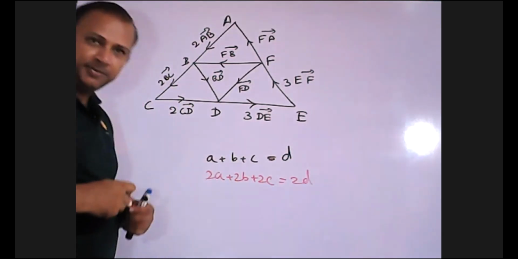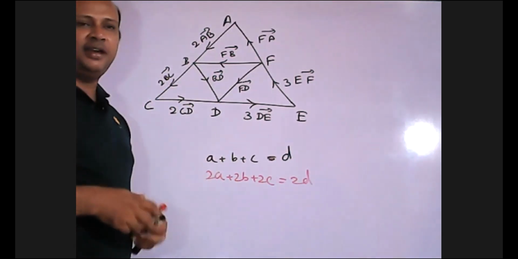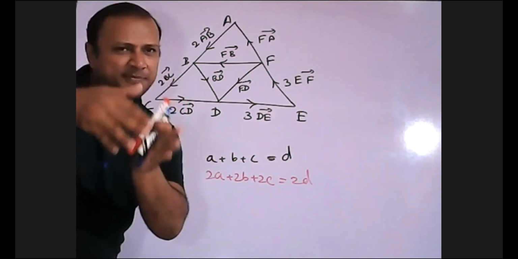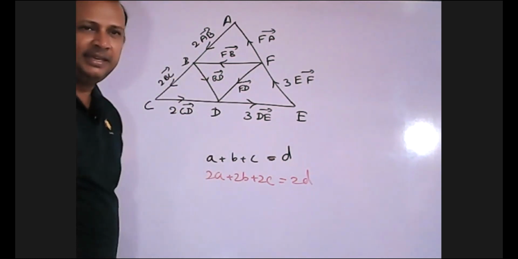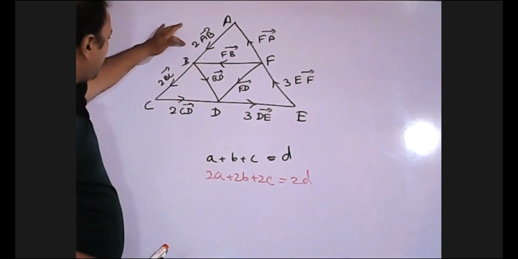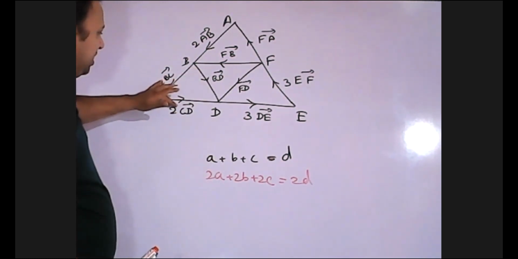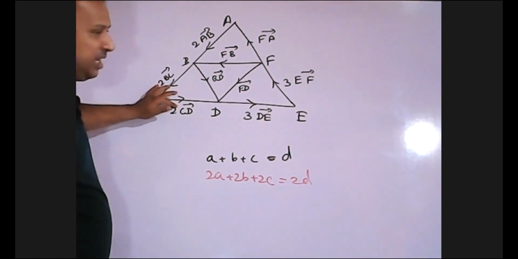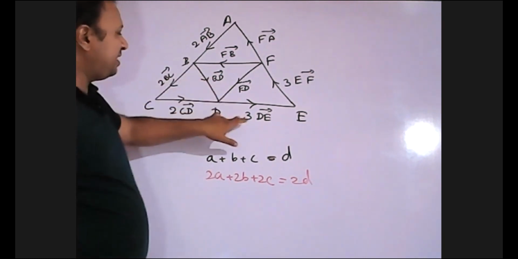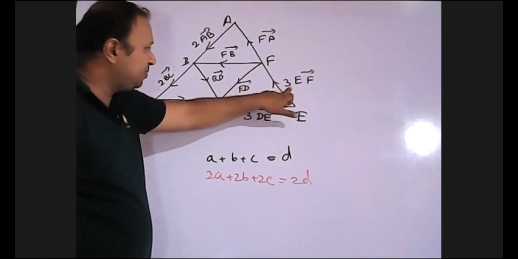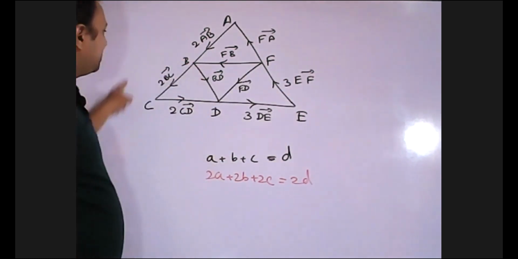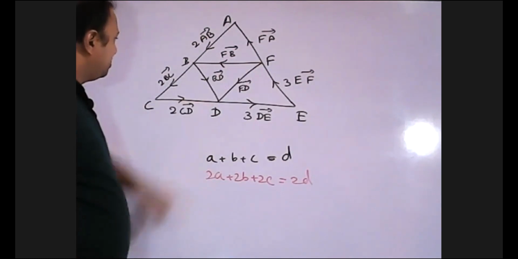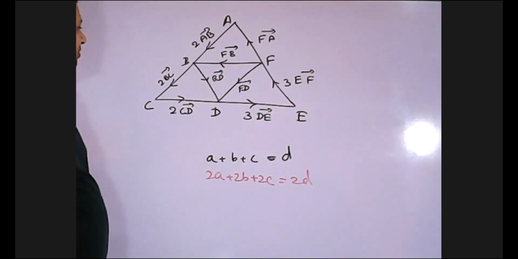Right? So the same principle can be applied in vectors. Look at this: 2AB, 2BC, 2CD, 2DE, 2EF, then the resultant should be equal to AF, no?